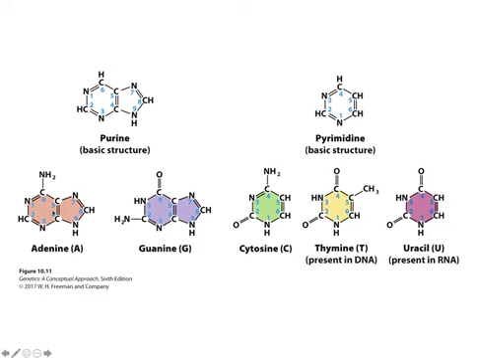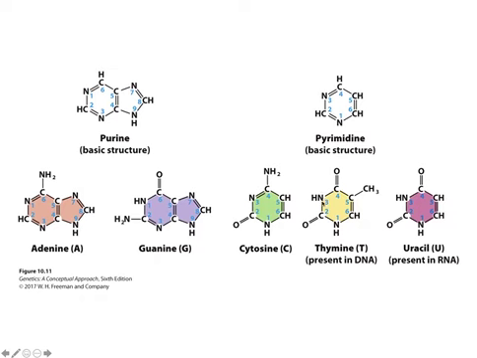We should also note that these rings are flat because of the conjugated double bonds, so these are flat like a frisbee, okay? And we should also note the presence of electronegative atoms. Nitrogen and oxygen here have the ability to pull electrons towards them. The oxygens will tend to have a negative charge associated with them. The nitrogens will be electron-rich as well, okay?